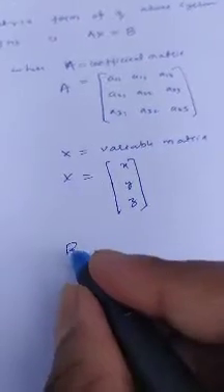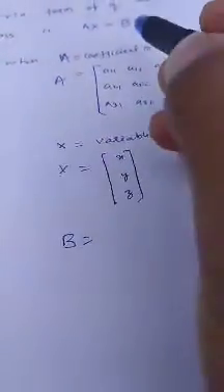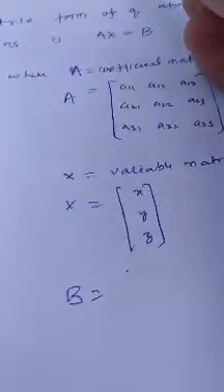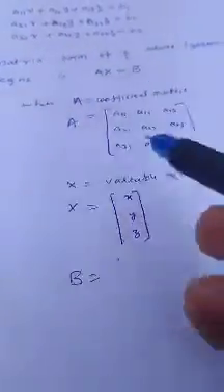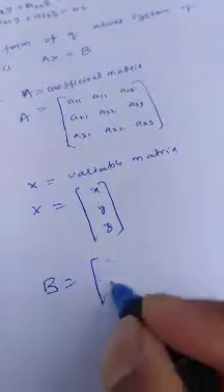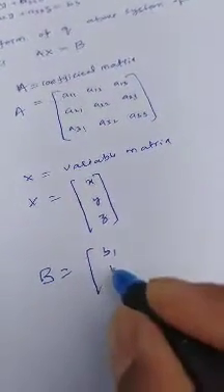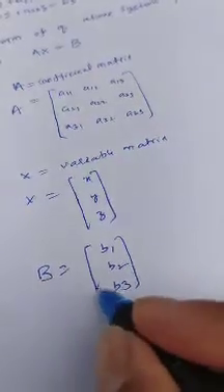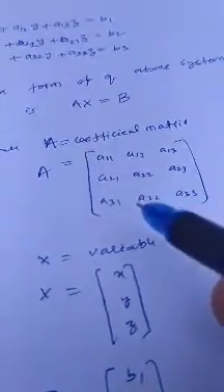Now capital B is the constant matrix. We have constants b1, b2, b3 in the equations, so arrange them as a column: b1, b2, b3. Okay, so if we have a system of equations, convert it into matrix form.